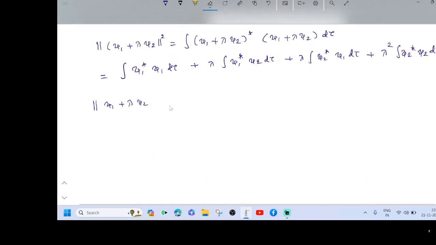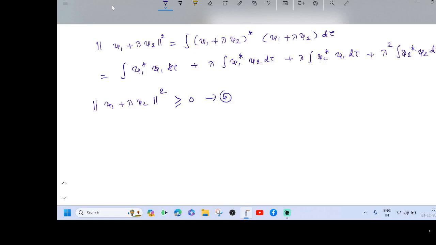Norm square of psi 1 plus lambda into psi 2 is greater than or equal to 0. This is equation 4. But actually norm square of psi 1 plus lambda into psi 2 value is this much.